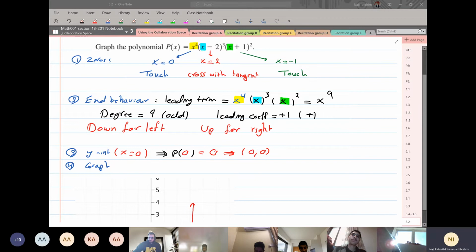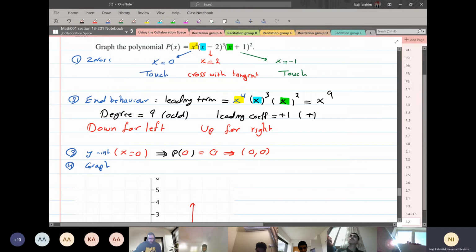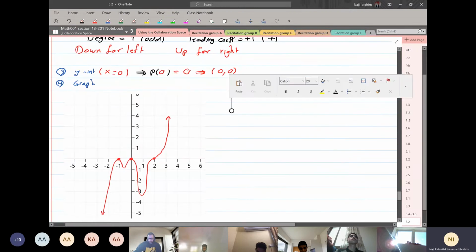Okay, I'm just going to bring the graph now so that you can compare it with the one that we made. Okay, so this is the correct one.